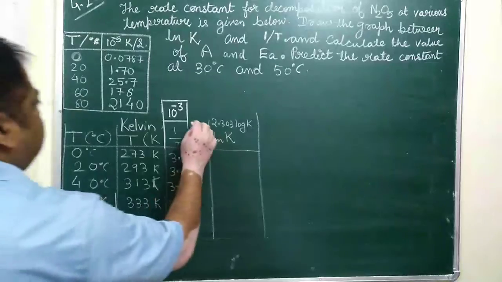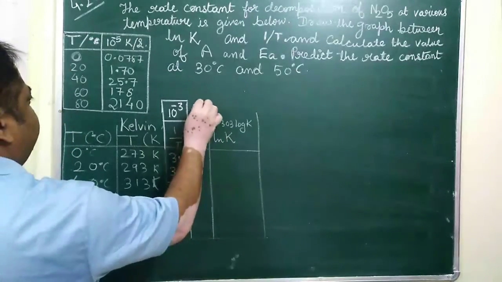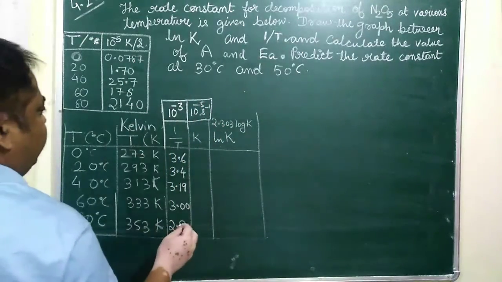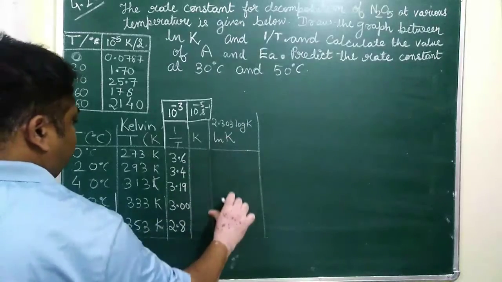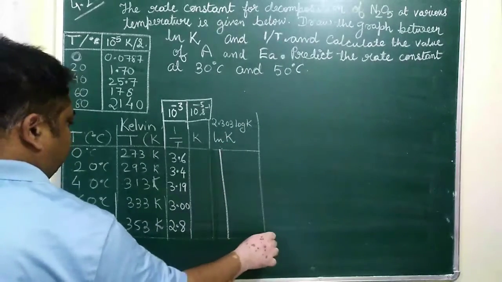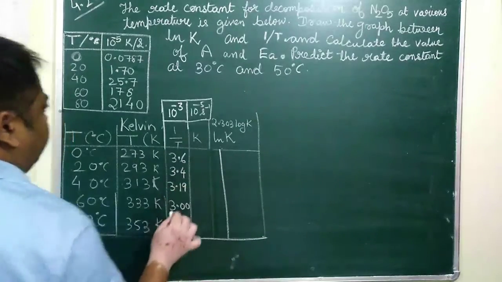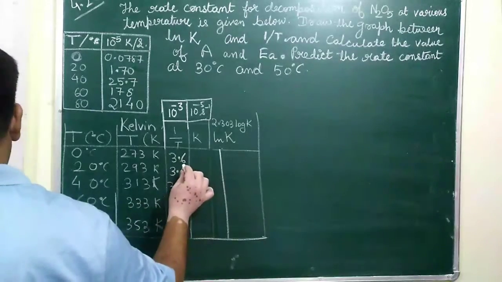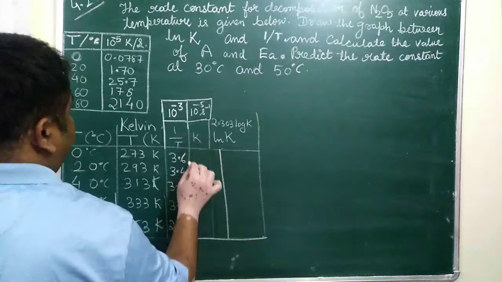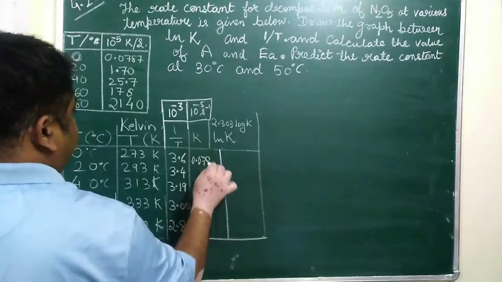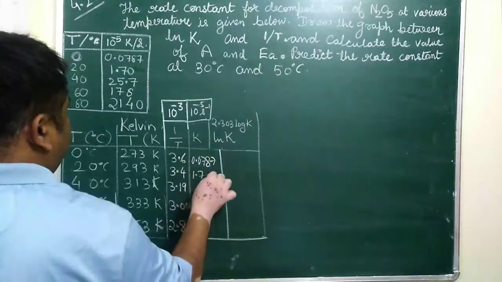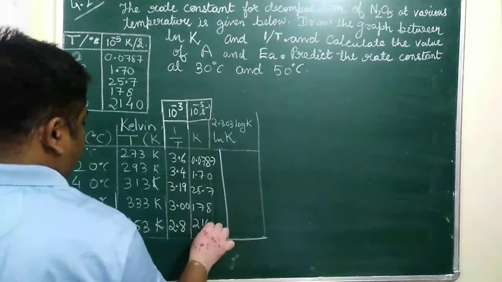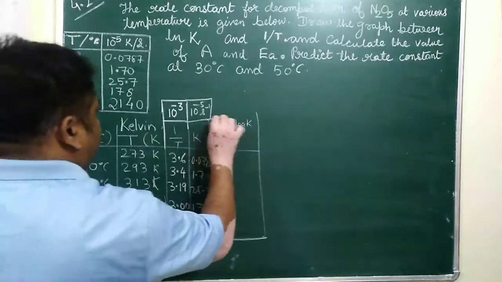Value of k is given to us in terms of 10 to the power minus 5 per second. The other values I can write down here. Value of k will be 0.0787, 1.70, 25.7, 178 and 140.